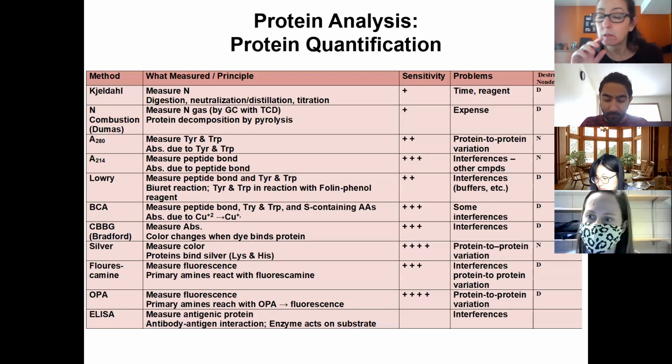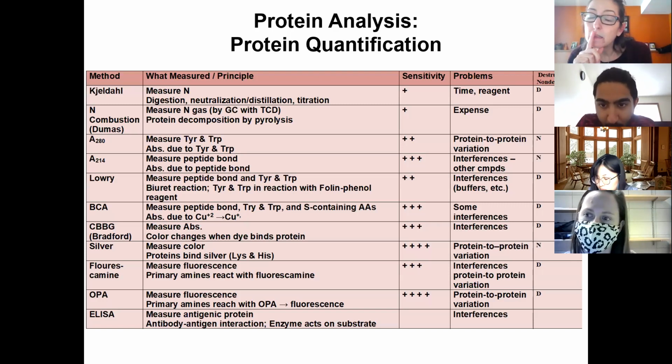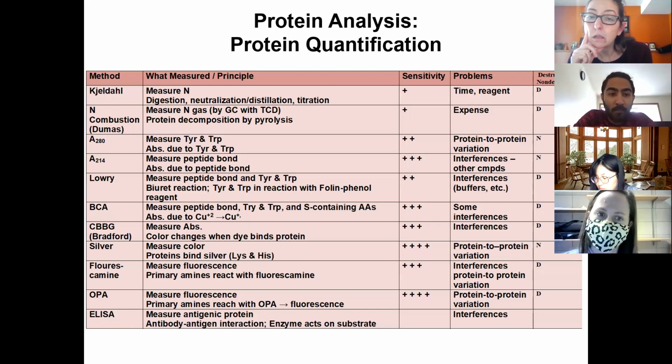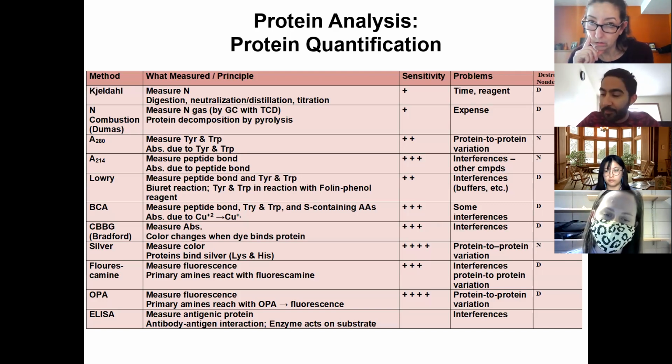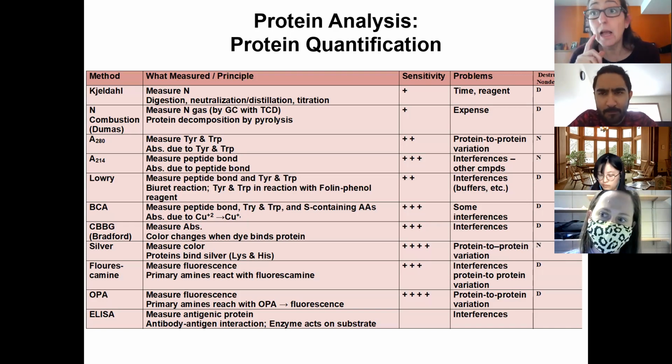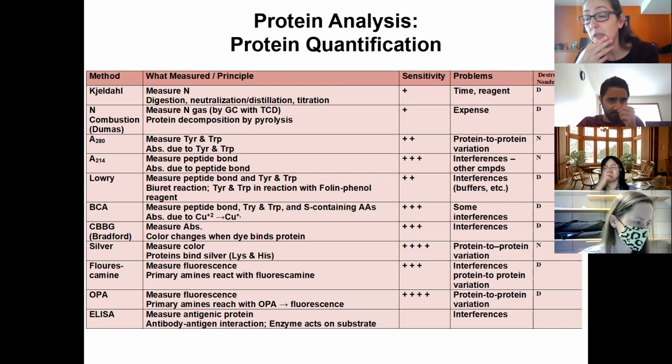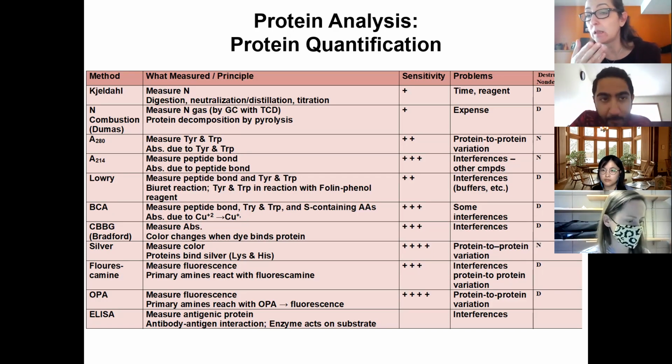Pam, I have a quick question. Yes. At 280, do other components of foods absorb, or is it just proteins? Yeah, so if you have polyphenols, for example, they might absorb at different UV. It might not be their optimal wavelength, but they might absorb at 280.